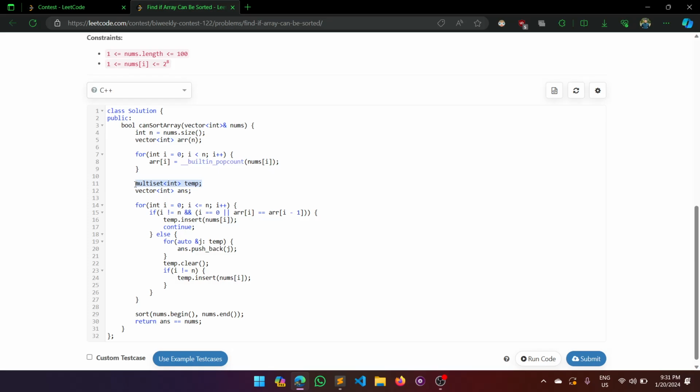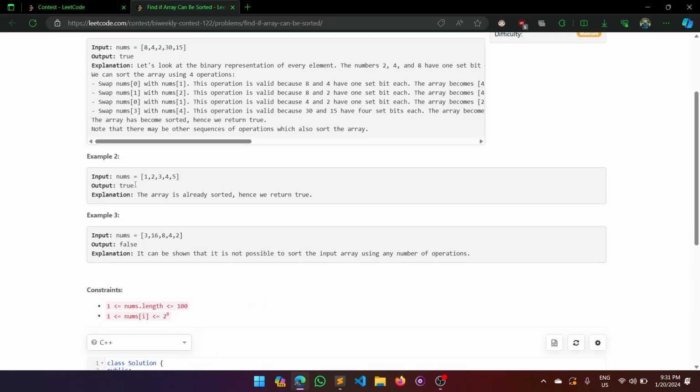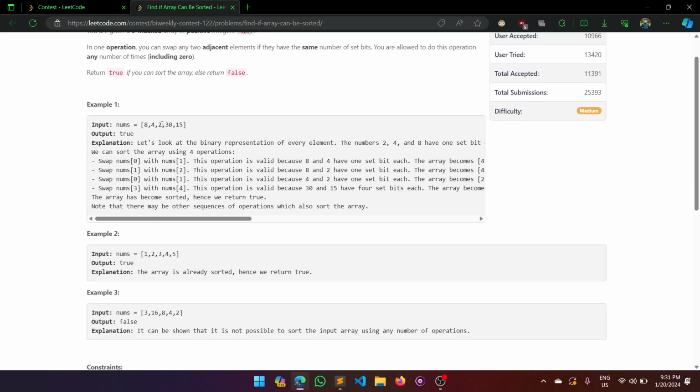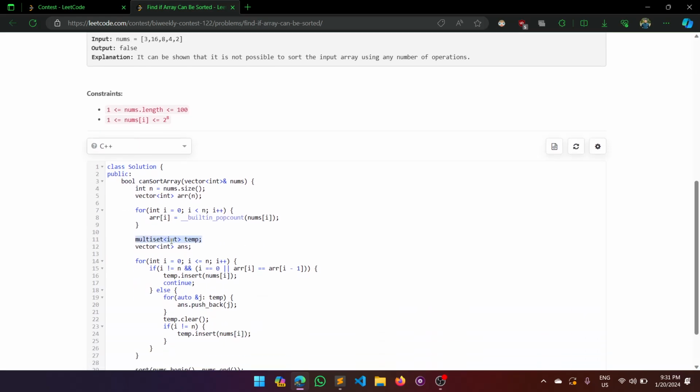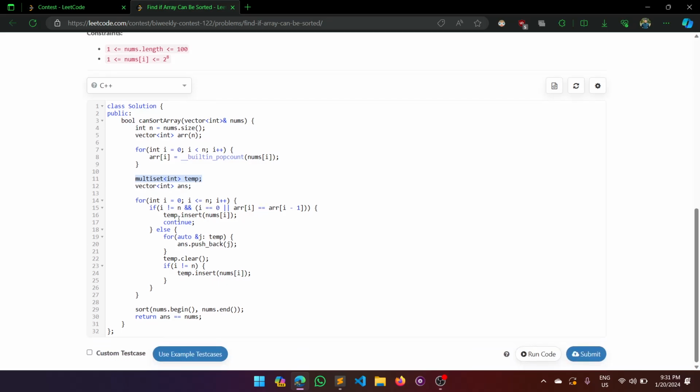Temp is to store the elements, and so that we don't have to explicitly sort each group, we're using multiset. Otherwise we could have done that with vector as well, but I guess multiset looked like a better data structure. So yeah, I'm just checking if it's the first element of the array.